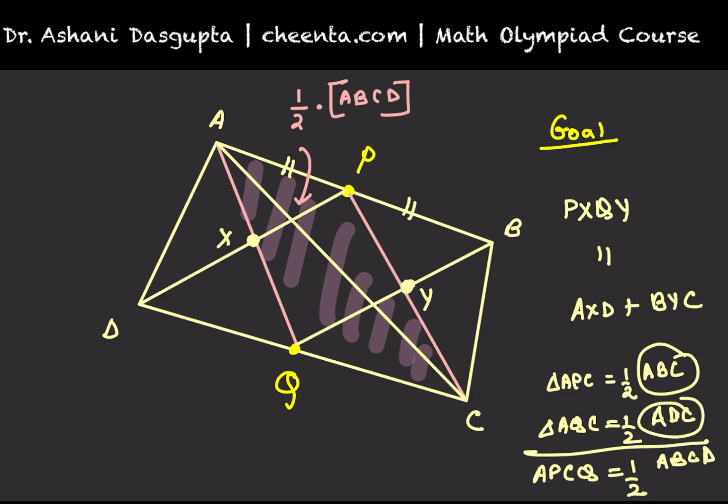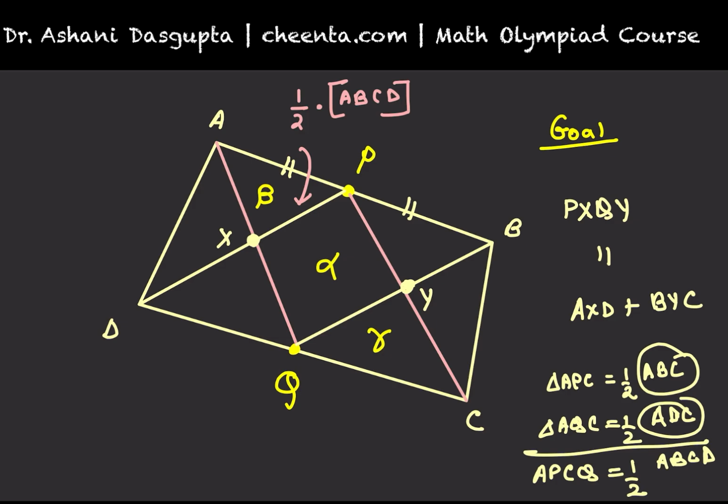Okay, now that we have established that this portion is exactly half the area of the entire quadrilateral, let's give names to different portions of it. Let's call this alpha, this one beta, and this one gamma. Okay, alright.